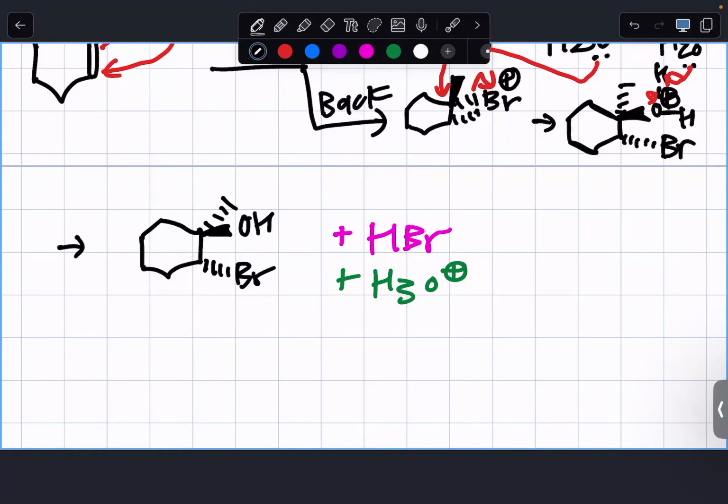Yeah, but HBr would be more minor than this one because water is like 1,000,000 times more in excess than the Br minus. So in reality H3O plus is more in excess than HBr. But if you do this on an exam, you won't get points off. You can use Br minus to deprotonate.